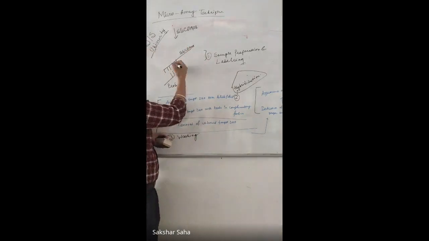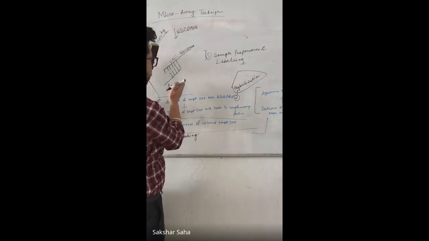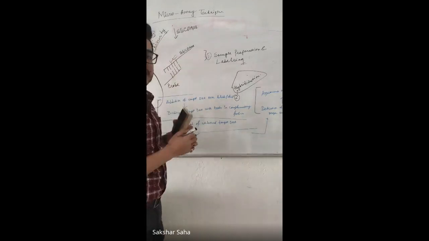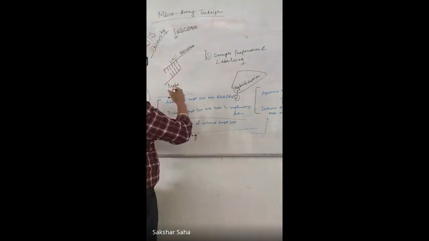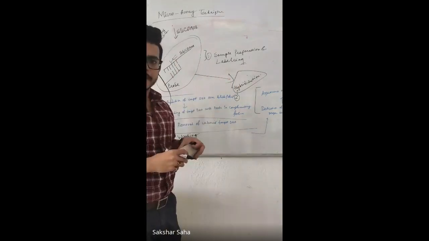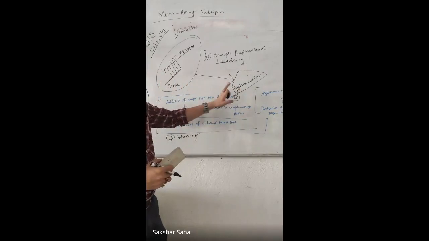In this way, this is the complementary base pairing, and this is the probe. So these two will attach to each other. That is how the hybridization will take place. This process is called hybridization. Got it? This is the process that happens in the second step, hybridization.